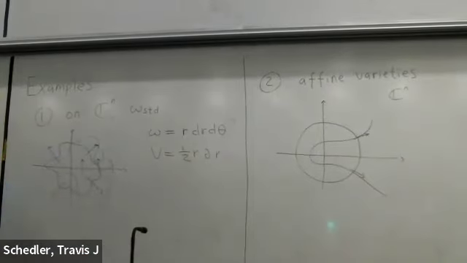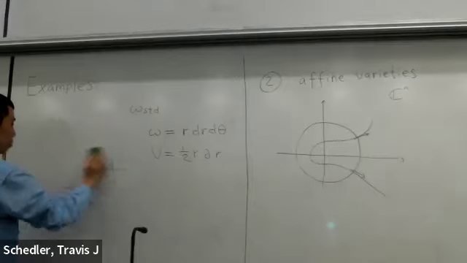We have somehow globally defined vector fields, but for some purposes, we want to consider a more relaxed condition. In particular, I think in this seminar, people are interested in resolution of singularities. That's a good example.